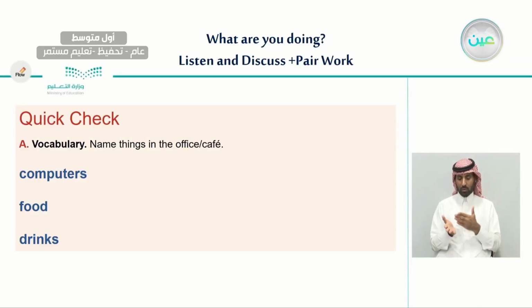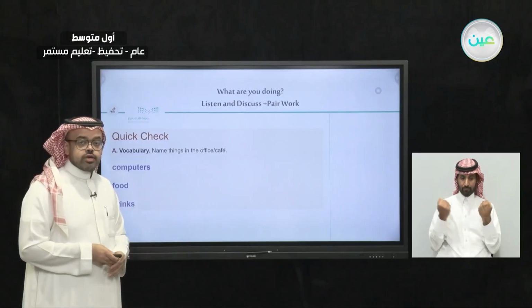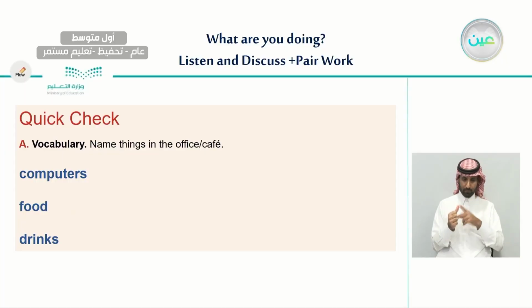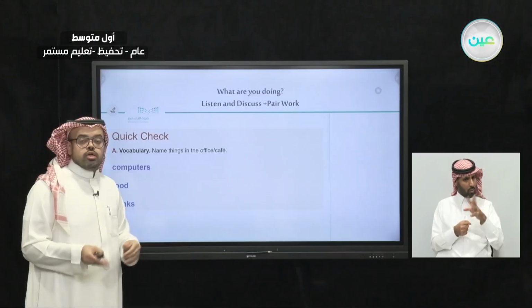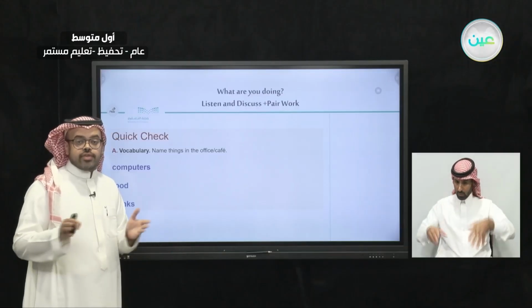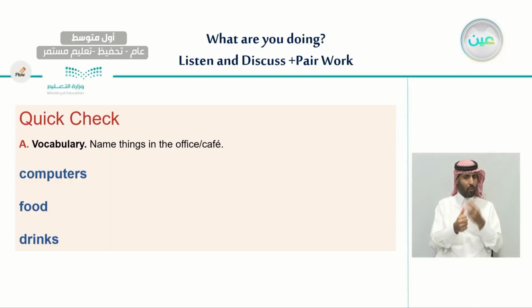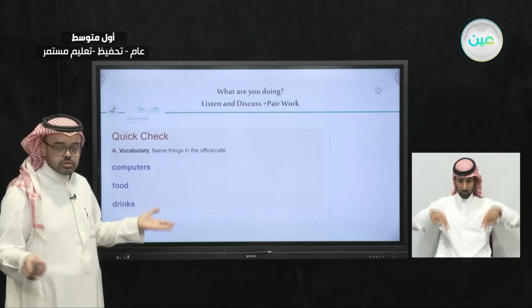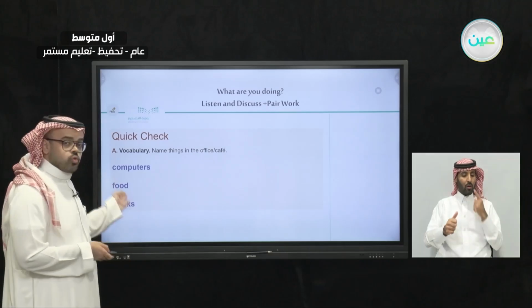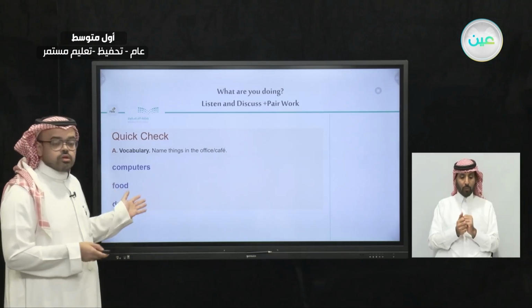Now, a couple of exercises and quick check. The first one is that on pages 64 and 65, let's try to name the things that we can see either in the office or at the cafe. We can see computers. We can see also food. We can see also drinks.